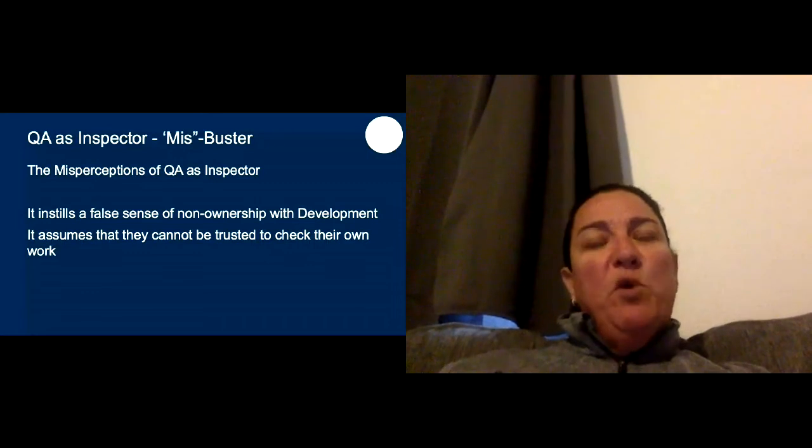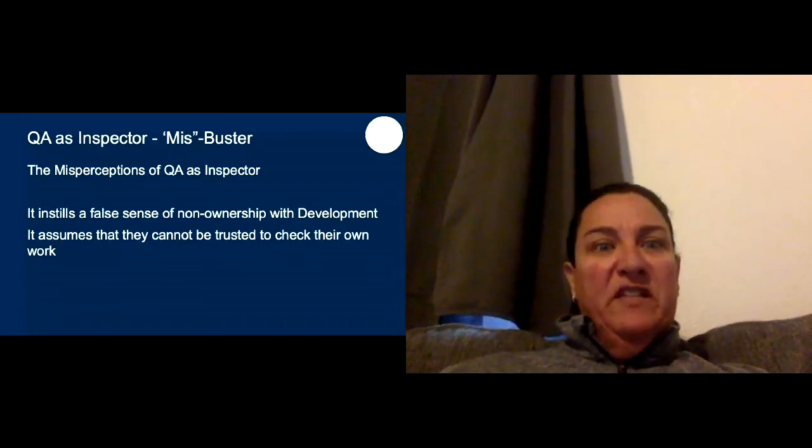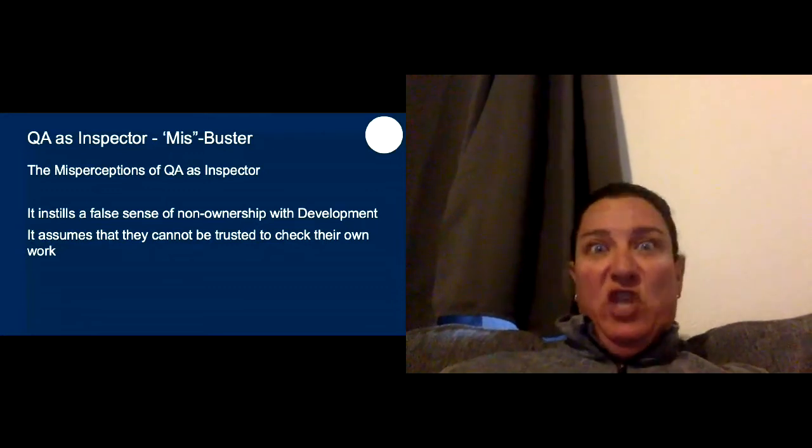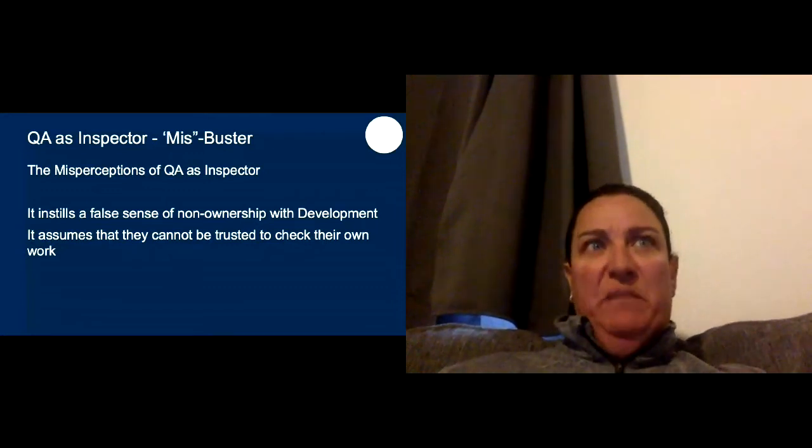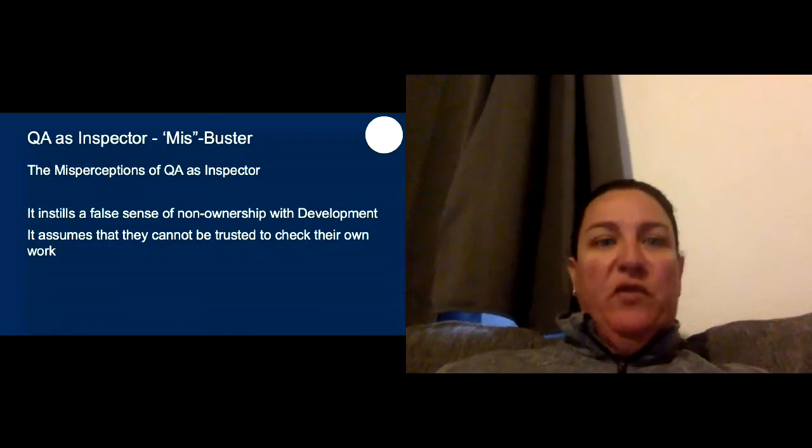But when we put QA in the role of the inspector, it assumes that other team members can't be trusted to check their own work because now there's this team that will make sure that they did the work that they were supposed to.